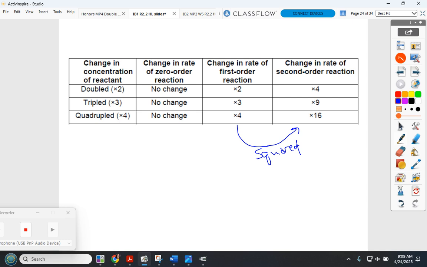So again, this is going to be A to the 0, which is equal to 1. A to the first is equal to A, and then this is going to be A squared.